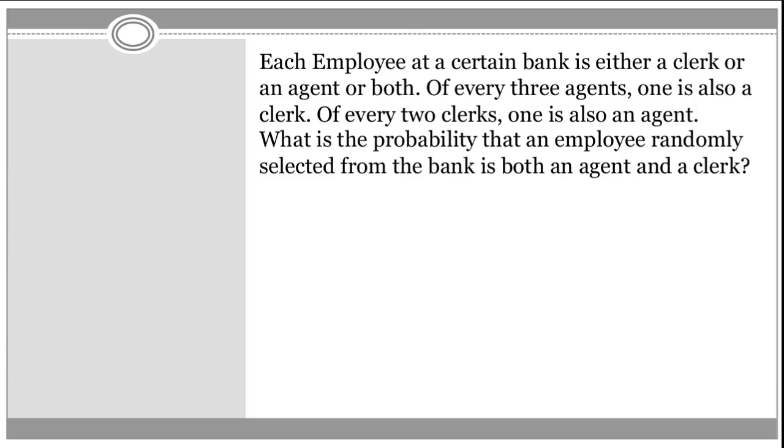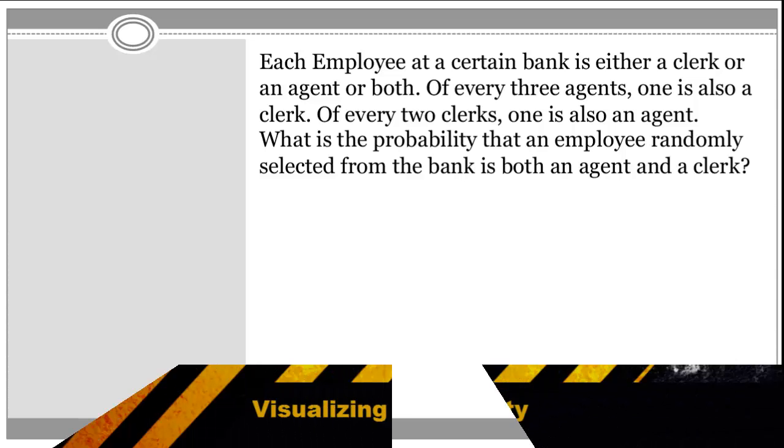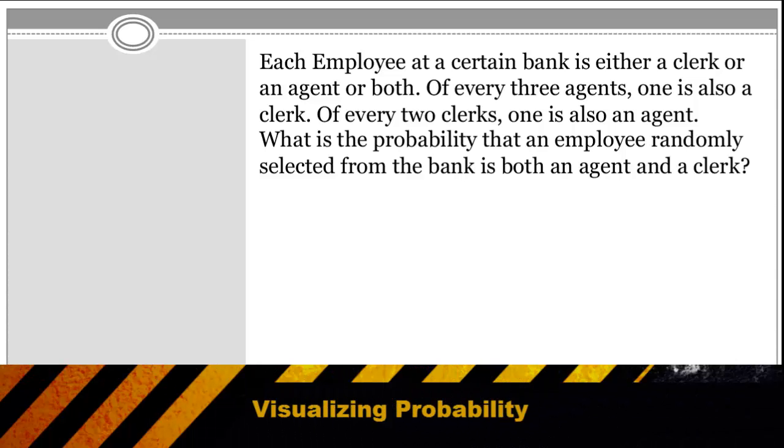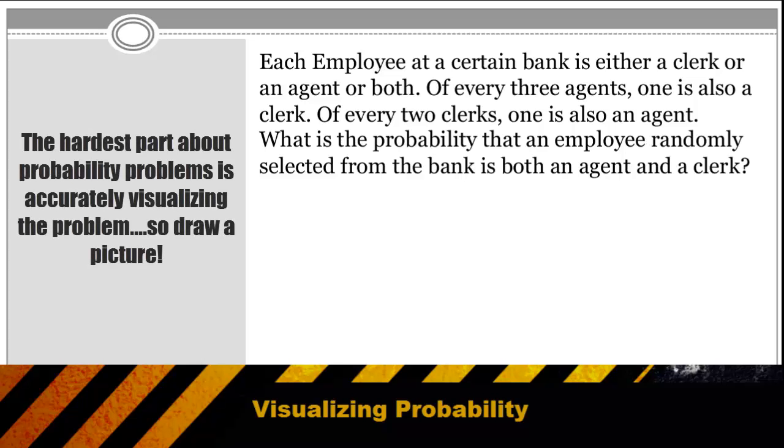If you come across a question that seems to be outside of the typical "and," "or," "at least" rules, then sometimes your only choice is to draw a picture. So in this case, we have a bank where each employee is either a clerk or an agent or both. And if I have 3 agents, one of them is also a clerk.